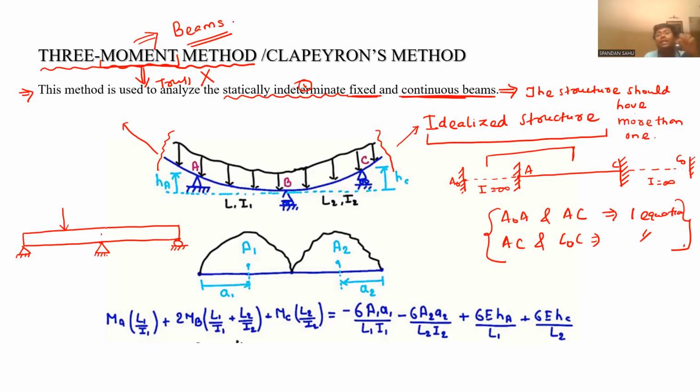That's why I am highlighting all those basic things up front, because anyone can solve the question, but visualization is not everyone's cup of tea. Now, see, tell me if this structure is statically determinate or indeterminate.